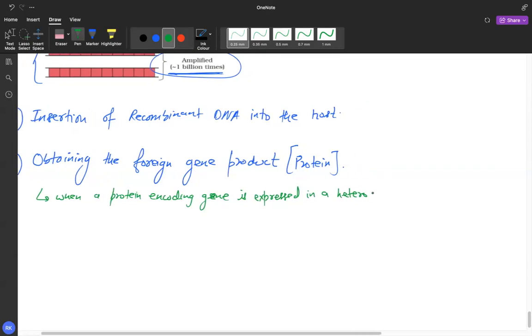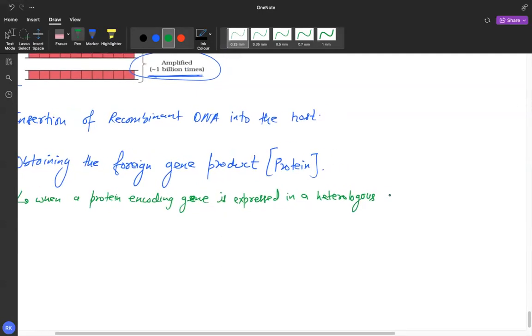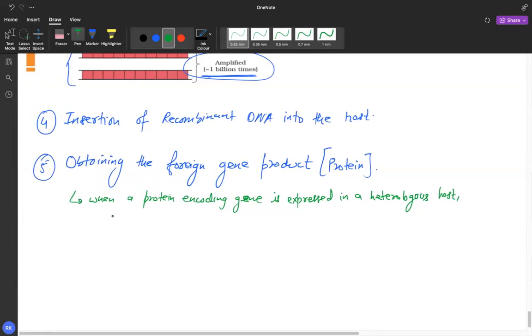Because hetero means different. In a different host, or a heterologous host, it is called a recombinant protein.